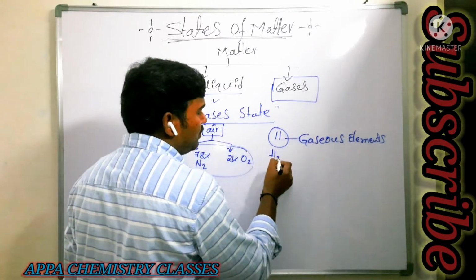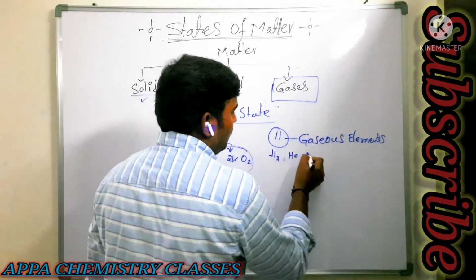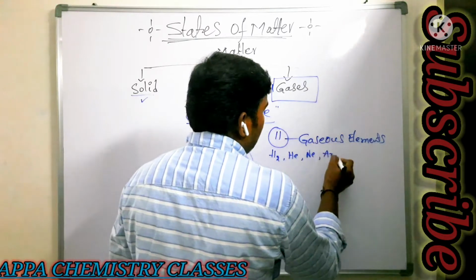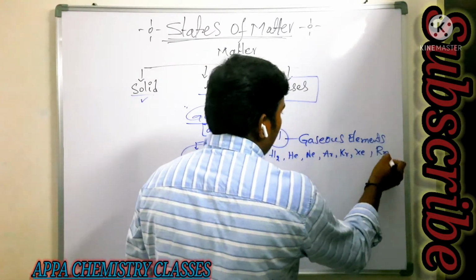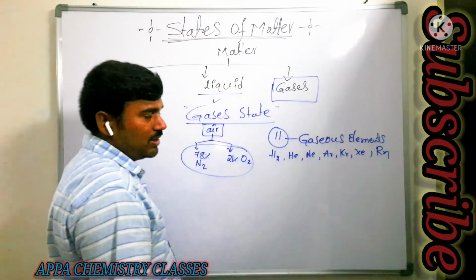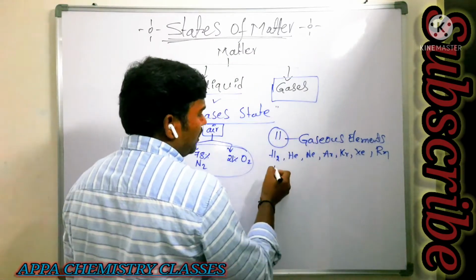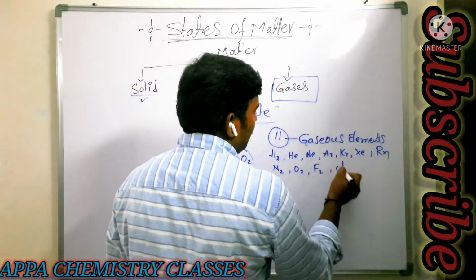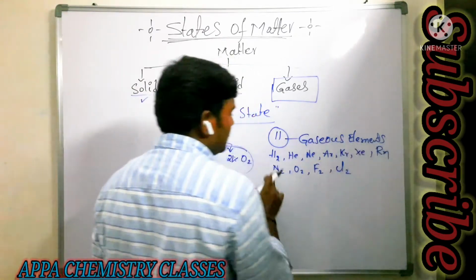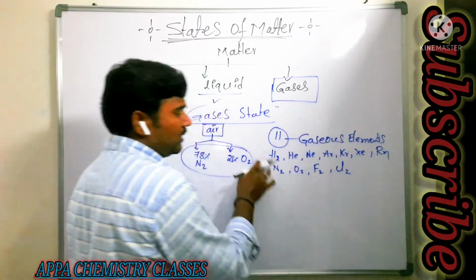Take hydrogen, helium, neon, argon, krypton, xenon, radon. All these inert gases come under gaseous elements. After that you can take nitrogen, oxygen, fluorine, chlorine. So the inert gases are 6, plus these 5 gaseous elements.